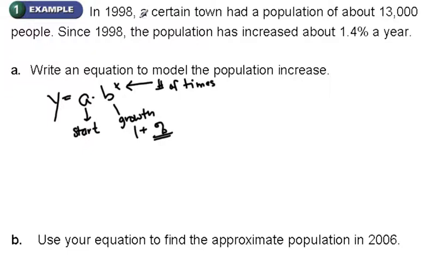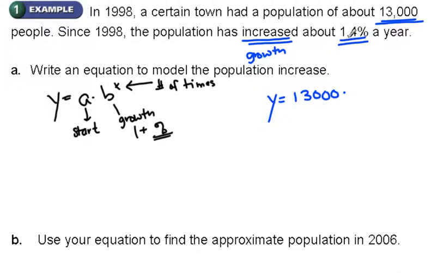So let's take a look at this particular problem one more time. It says in 1998, a certain town had a population of about 13,000. So we're starting at 13,000. Y equals 13,000 times, since 1998, the population has increased, so that's how you know it's a growth, about 1.4% a year.